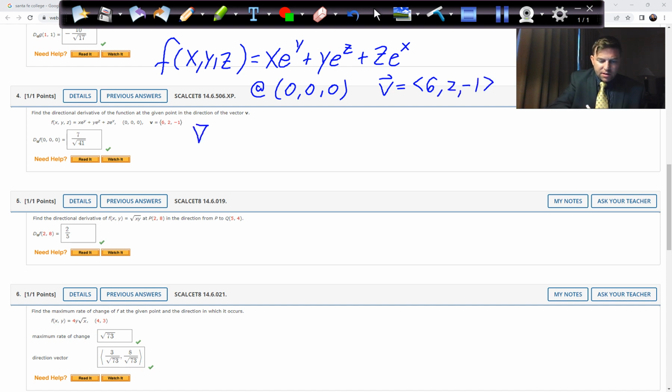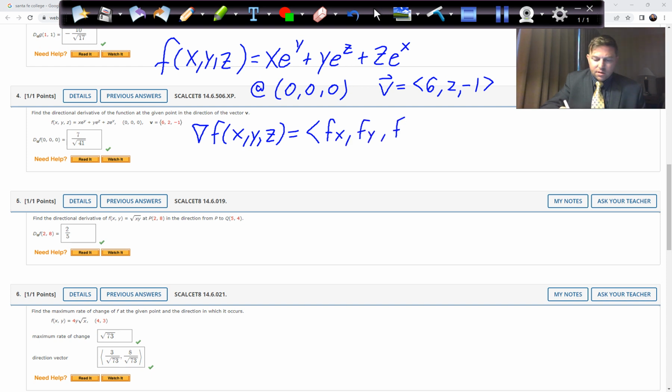So first we find the gradient of f, and now in three dimensions, let me write, this is f_x, this is f_y, this is f_z.